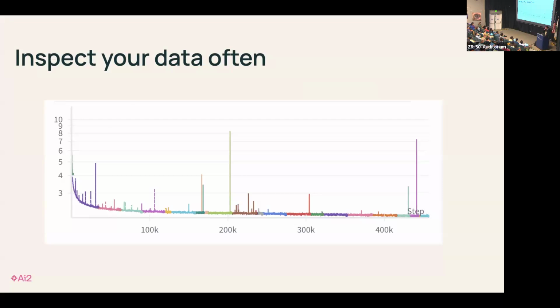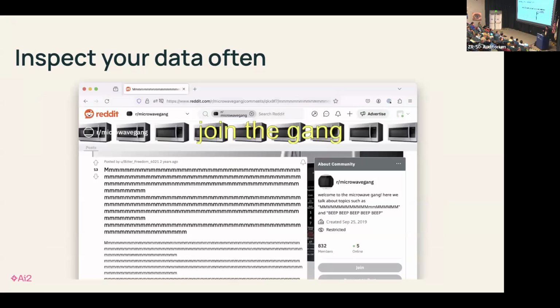Here's an example of stuff you might want to throw out. Here's a training run in which we had all these spikes. Somebody asked what's going on intuitively with the spikes. What I did here was pick one of these spikes, I think the green one, and look at the batch it was spiking on. In one case, I found something really interesting: documents from a subreddit called r/microwavegang.